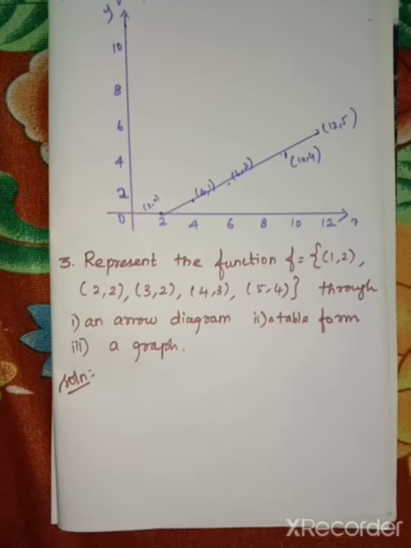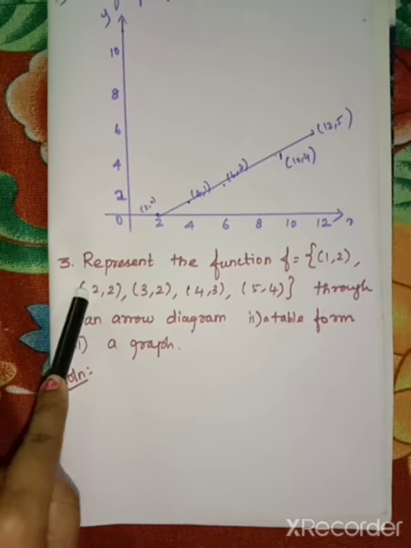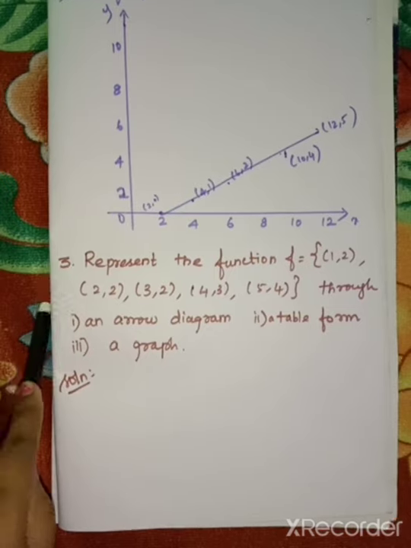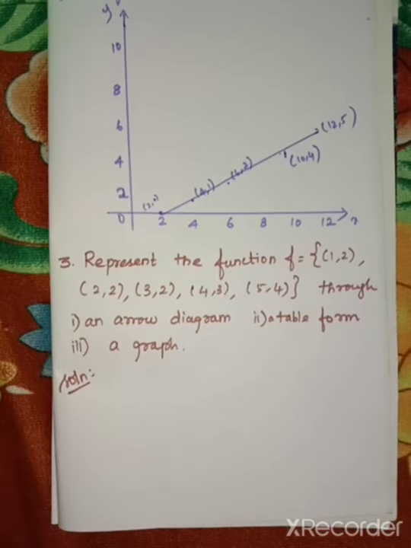Third question: represent the function f equal to the set of (1, 2), (2, 2), (3, 2), (4, 3), (5, 4) through an arrow diagram, a table form, and a graph. Here they already mentioned this is a representation of a function. For the representation of the function, they have given us a set of ordered pairs.